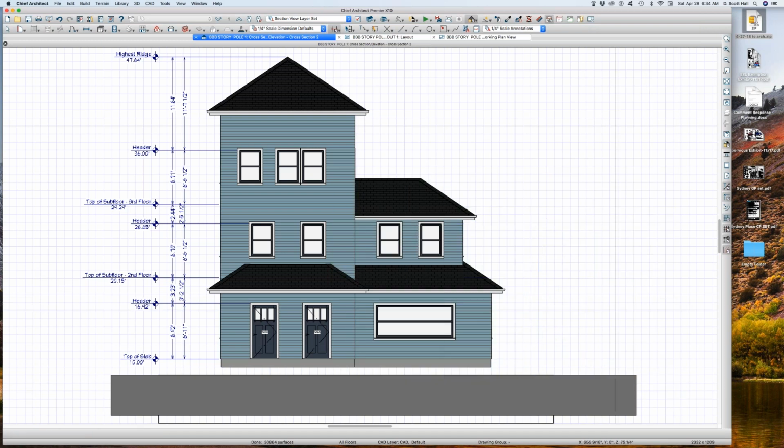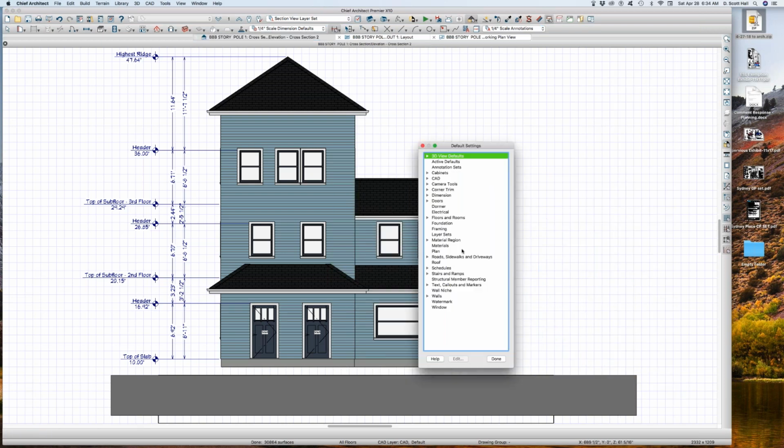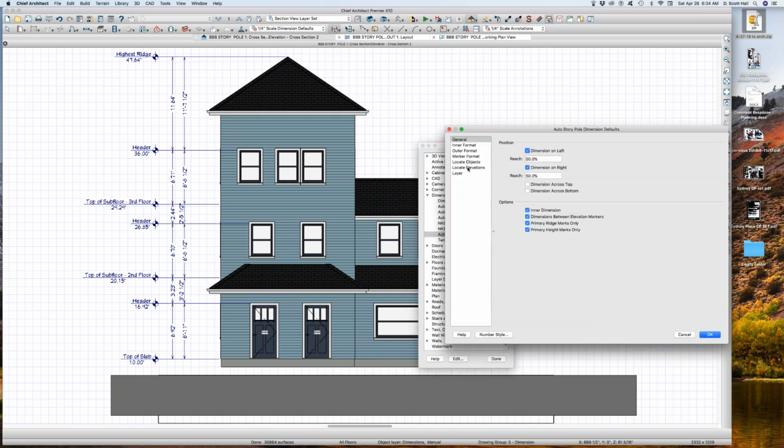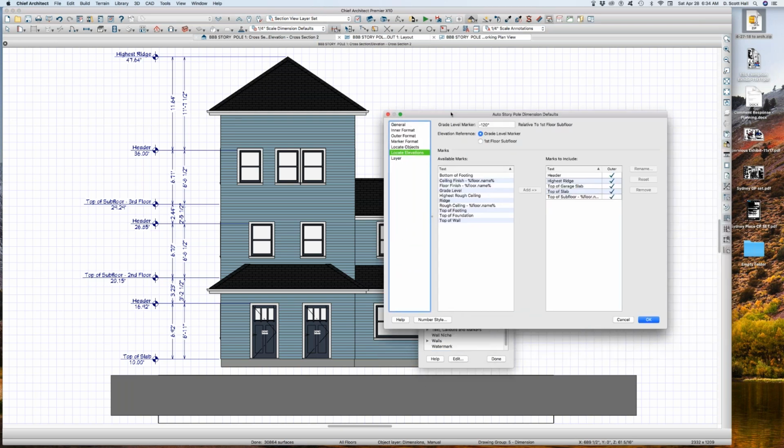Delete. So now I'm going to finally set up what I like as dimensions. Auto story dimensions. Locate elevations. I suppose on the outer, I really don't want header.